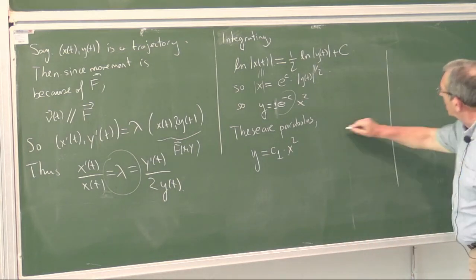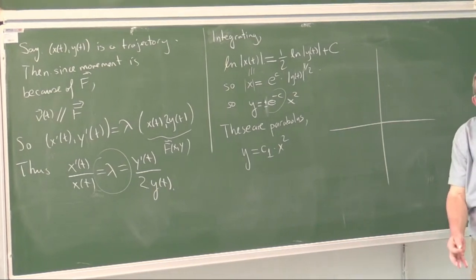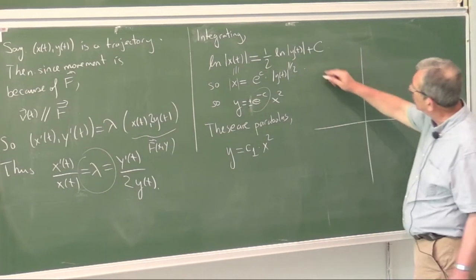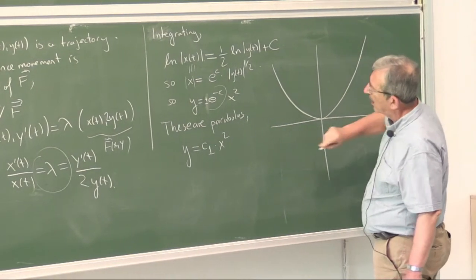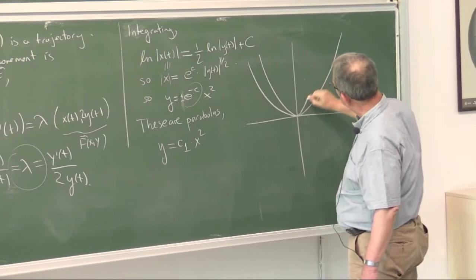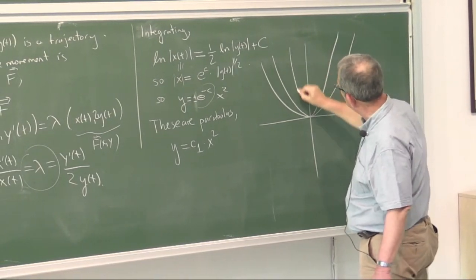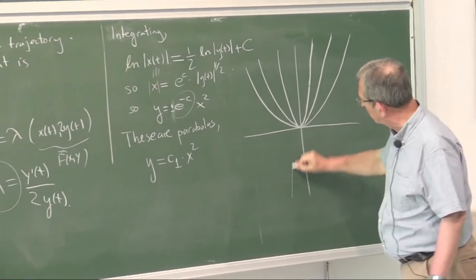So it says the following. It always passes through the origin. So it looks like this. But C1 can change, so it will be like that eventually. Or if C1 is negative, you have the opposites.